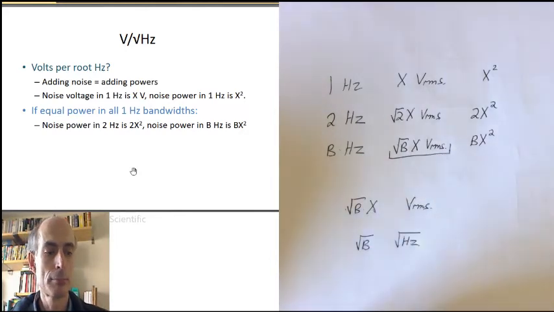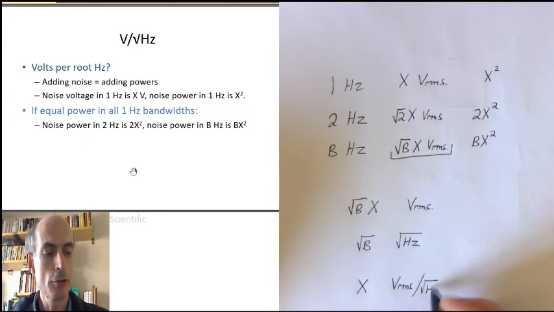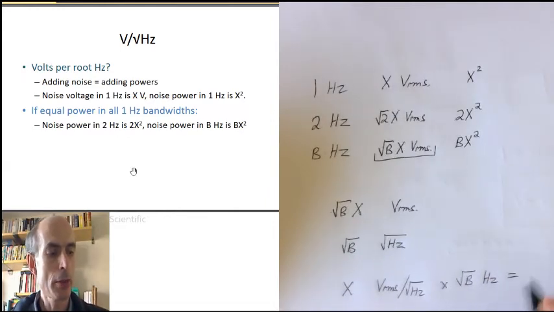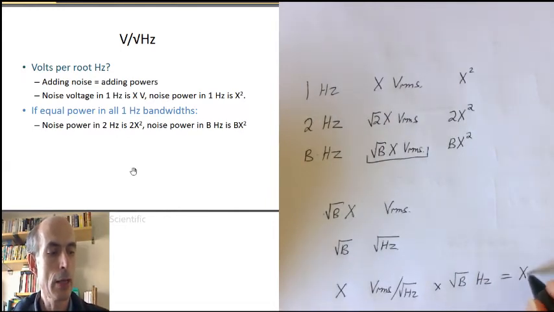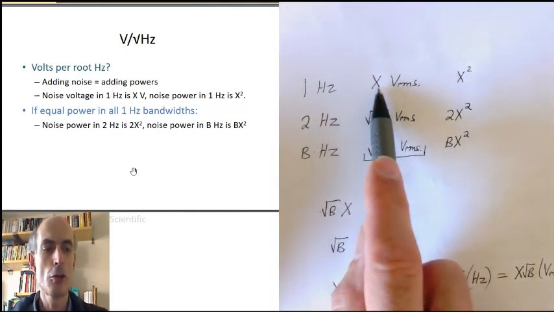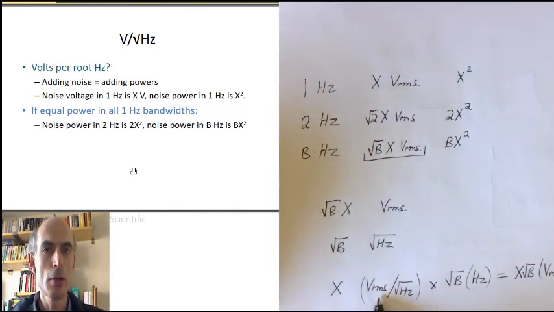So X must have units of volts RMS per root hertz, so that when we take X and multiply it by the square root of the bandwidth, which has units of root hertz, we end up with something which has units of volts RMS. I'll put the units in brackets. So X, the noise voltage in 1 hertz of bandwidth, actually has units of volts RMS per root hertz.